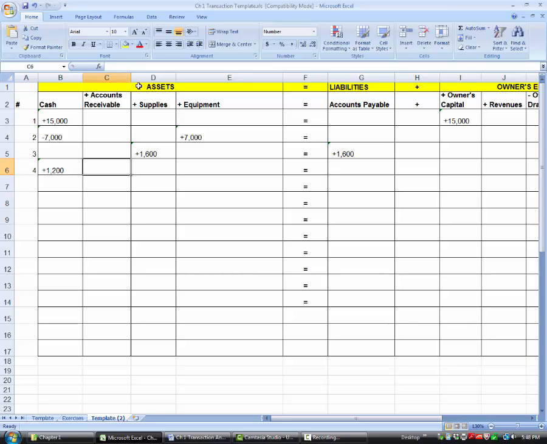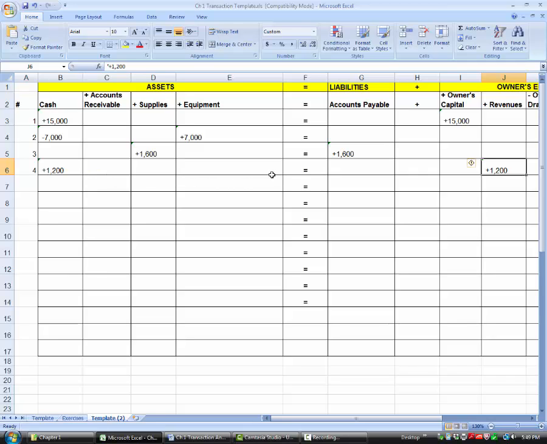And as a result of providing the services, our revenues also increase by $1,200. So, as a result of this transaction, the company has $1,200 more in its bank account, and it can also show that it has earned $1,200 of revenue. Remember, an increase in revenue will increase owner's equity because revenue positively impacts owner's equity.